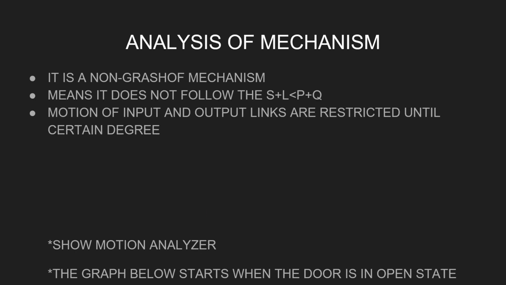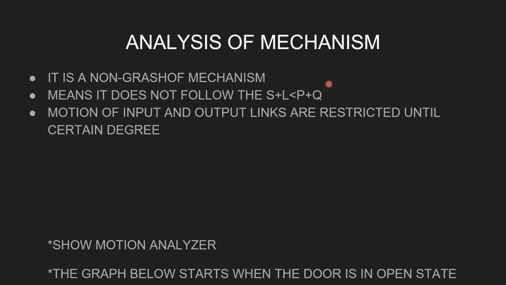From the previous mechanism that we saw, what we can analyze is that this door mechanism is a non-Grashof mechanism. The reason is that it does not follow the Grashof equation, which states that the shortest link plus the longest link must be less than or equal to the sum of the other links.